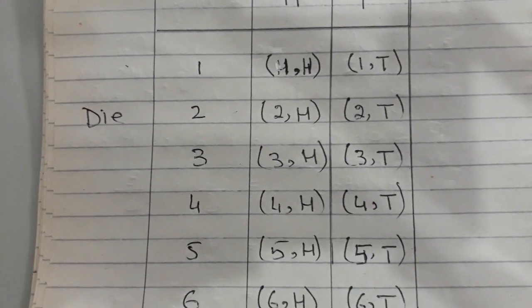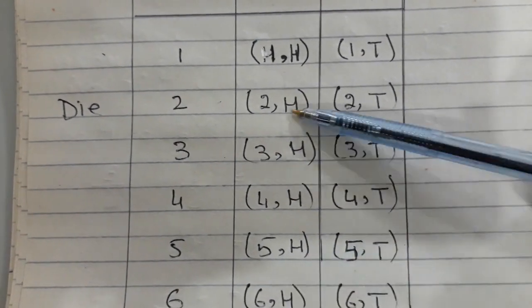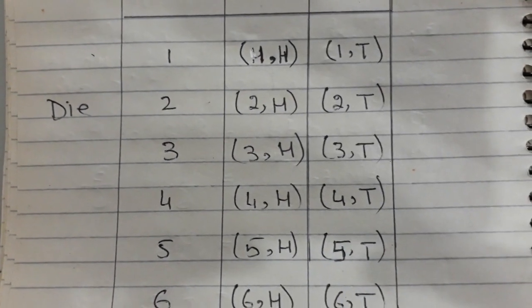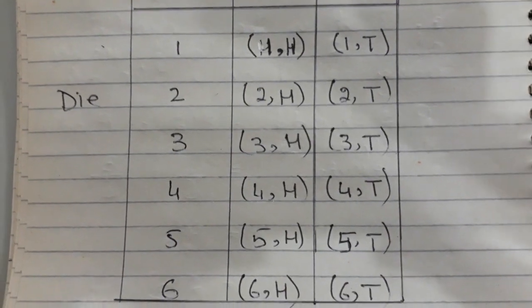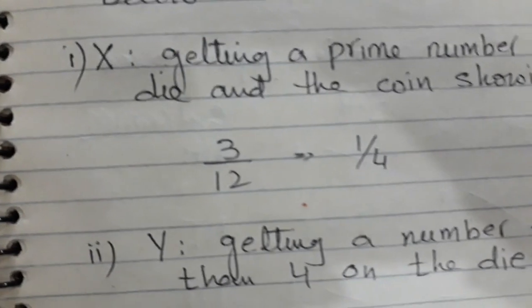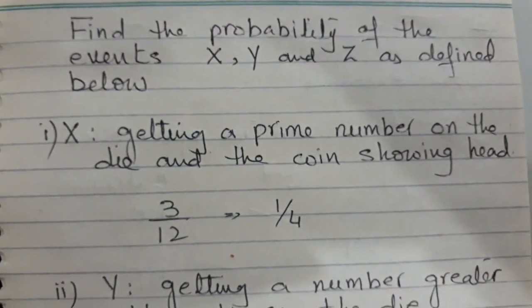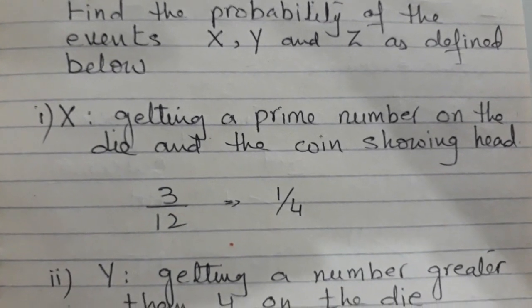And the question says coin is showing head. So it is actually this case and this case. So out of 12, there are 3 cases which are showing prime number and head. So that's why we have written 3 over 12 here, and in simplified form it is 1 over 4.